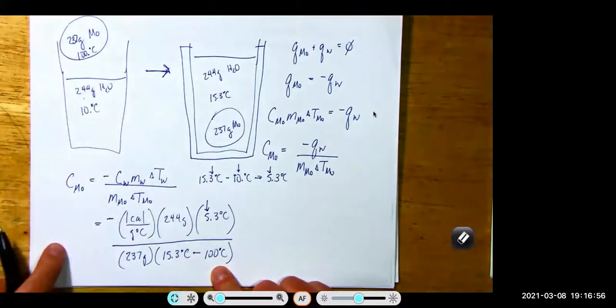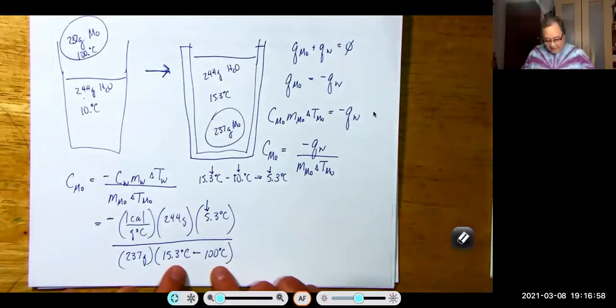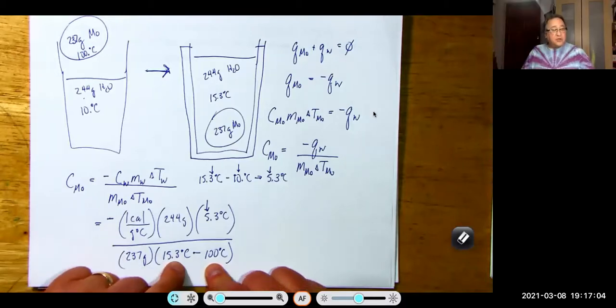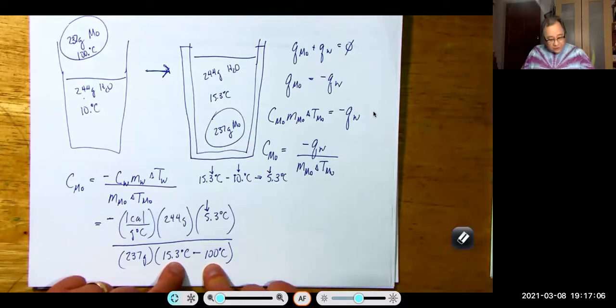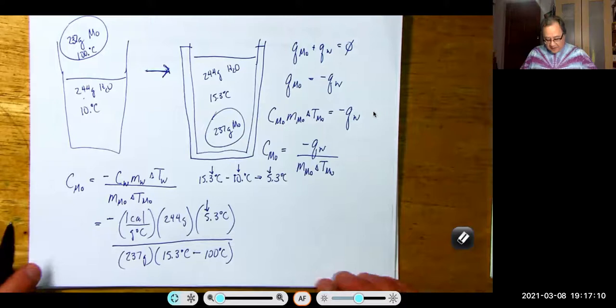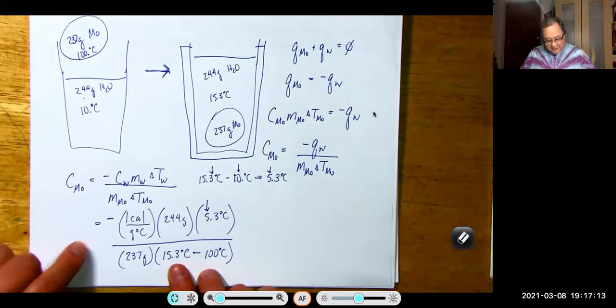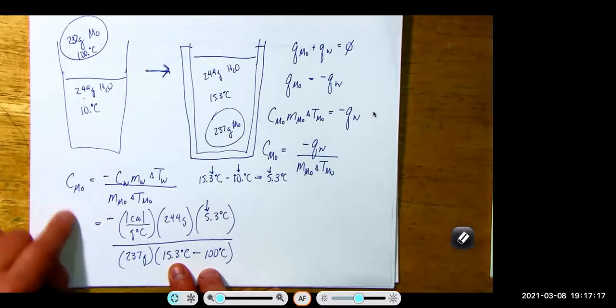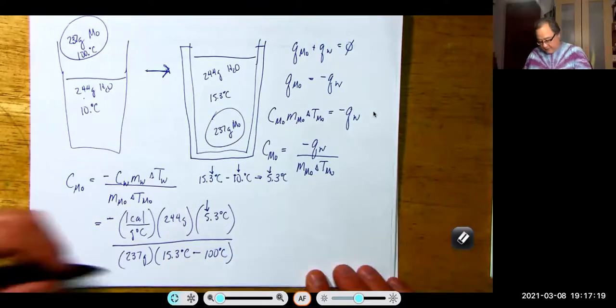Right. Which we like because this number will be negative, right? Which means it's an exo. Yeah, if the temperature lowers, you're giving off heat. But the reason I like this negative is because I have this negative here, right? Yeah. And so my specific heat capacity will be positive, which it should be.